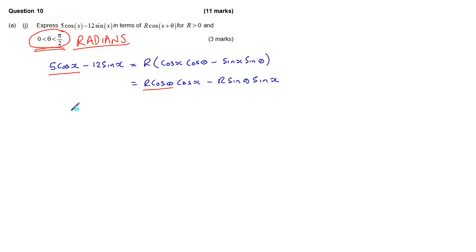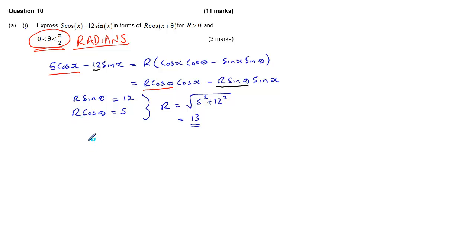we can see that r cos theta is equal to 5, and just here we can see that r sin theta is equal to 12. R is going to be the square root of 5 squared plus 12 squared, which is 13.